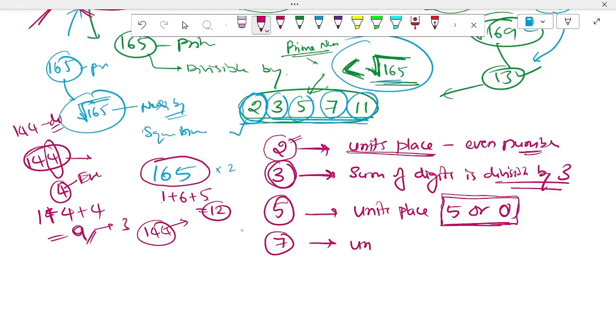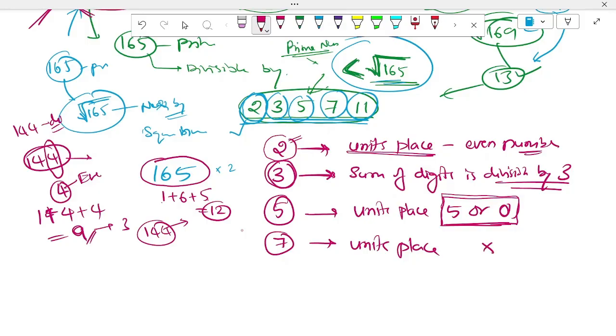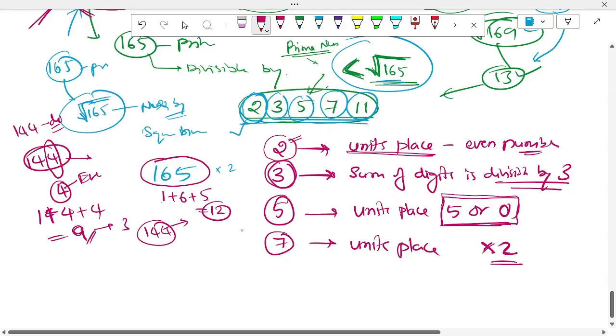You will take the units place and multiply that by 2, and then you are going to subtract it from the remaining value. I'll give an example, 203. If you want to check whether 203 is divisible by 7 or not, you will take the units place.